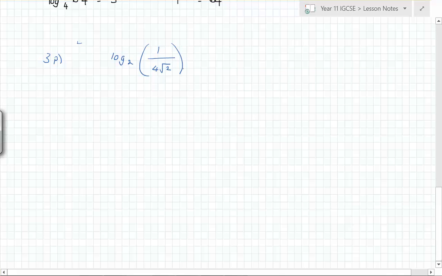So we've got to write that in exponent form. Well, no, find the value of it without a calculator. So how do we do that? So we're going to put it in exponent form. I'm going to find the value of that without using a calculator. Any ideas?